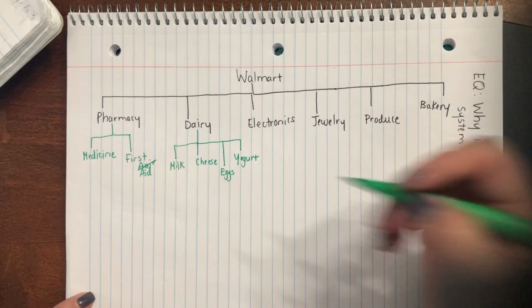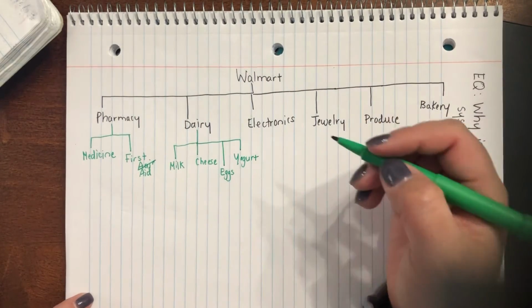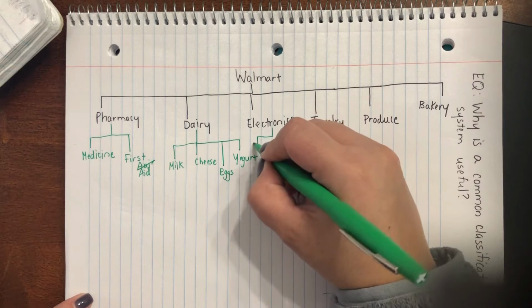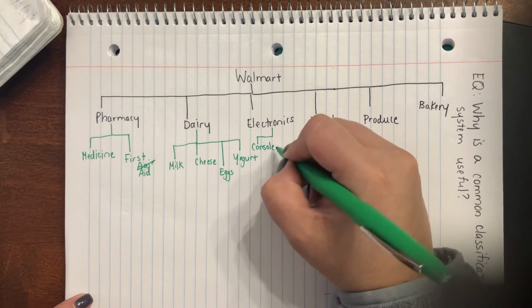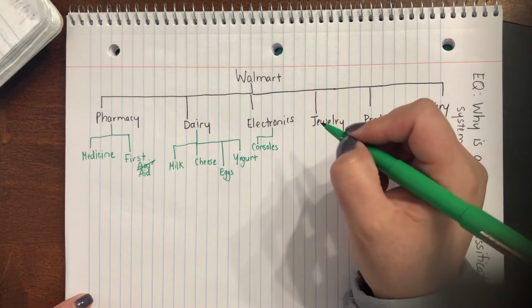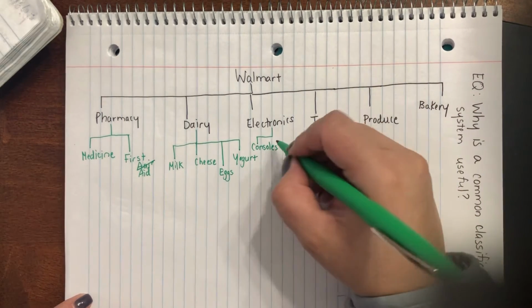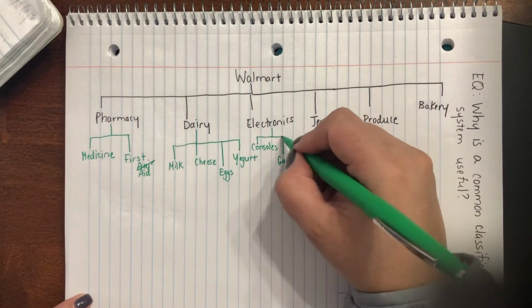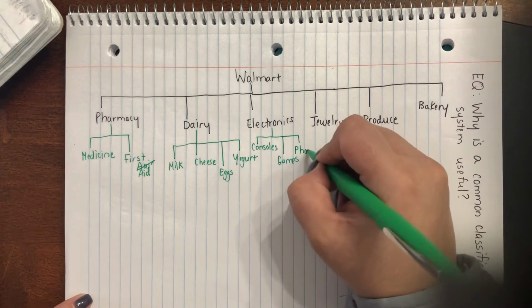If I break down the electronics section, they're going to have things like maybe consoles, like video game consoles. They might have games. I believe they sell phones.